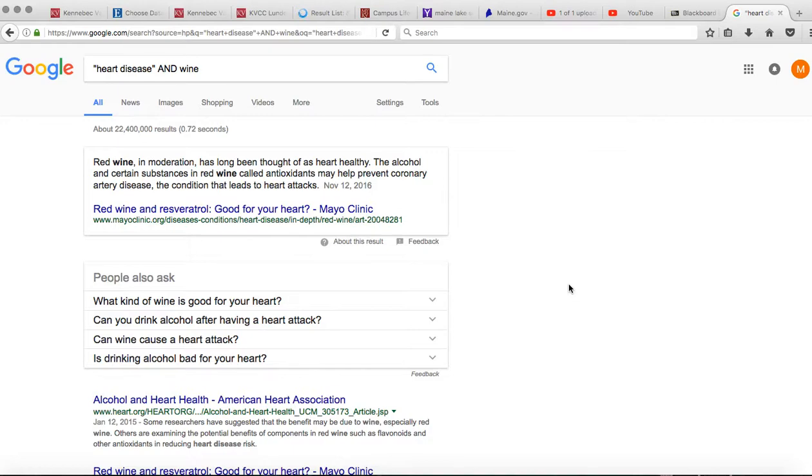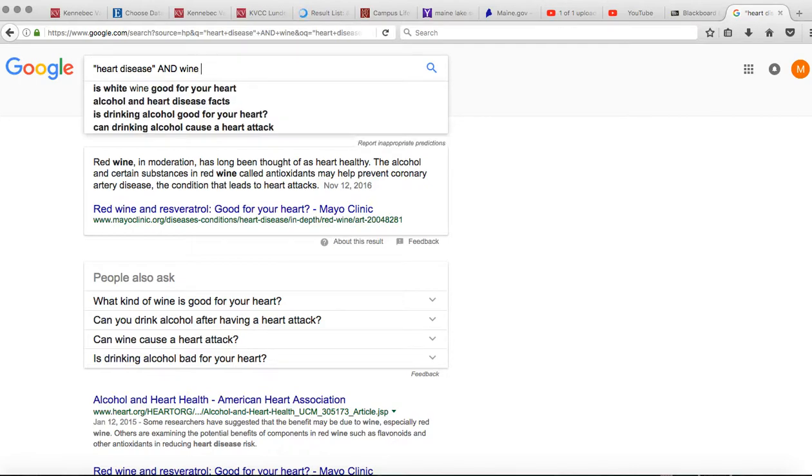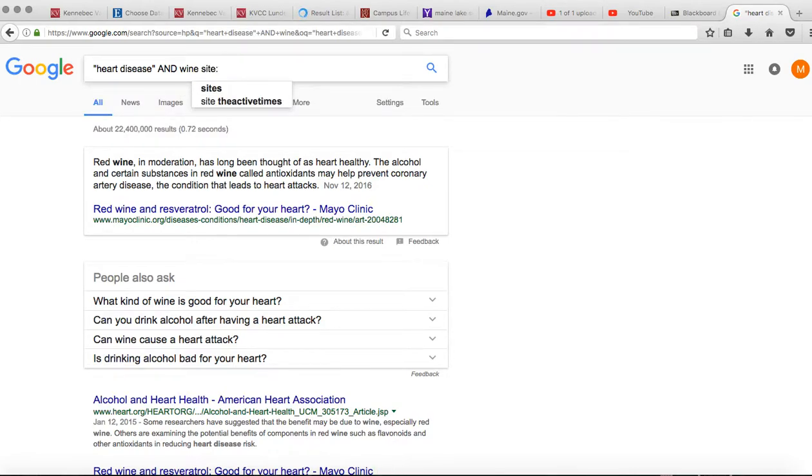So what we can actually do by using a little tag called site: is tell Google where to look. We can tell it to look at just particular types of websites, or at particular websites, and we can get pretty sophisticated with this.